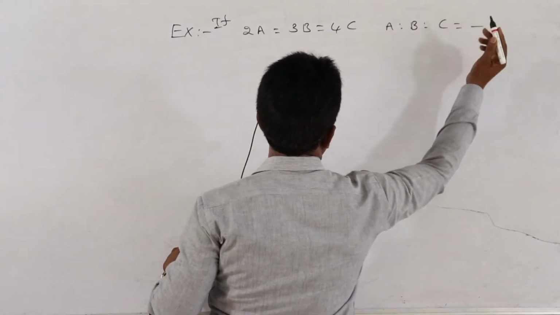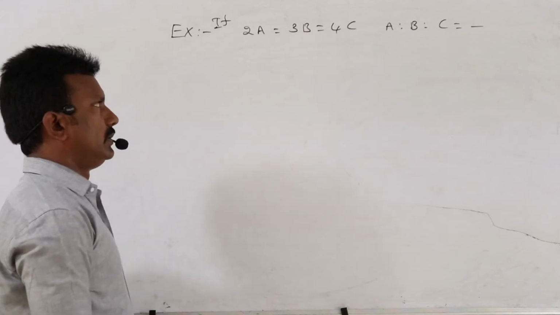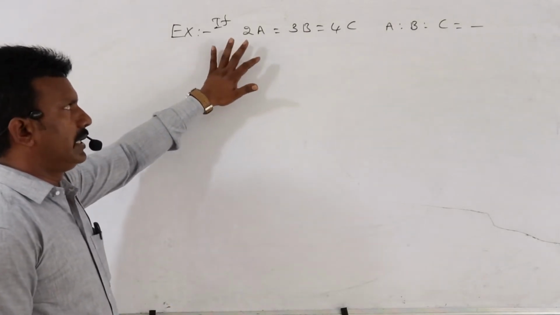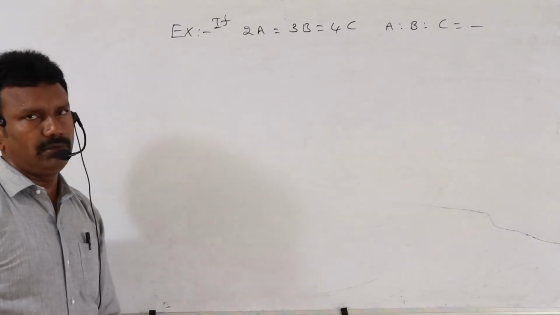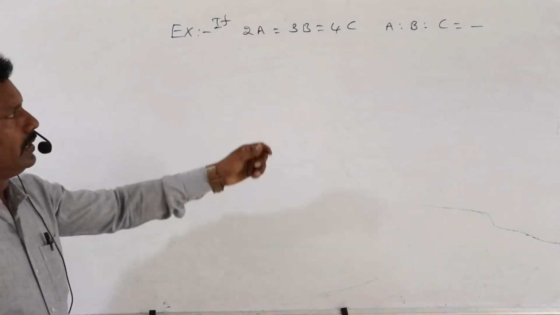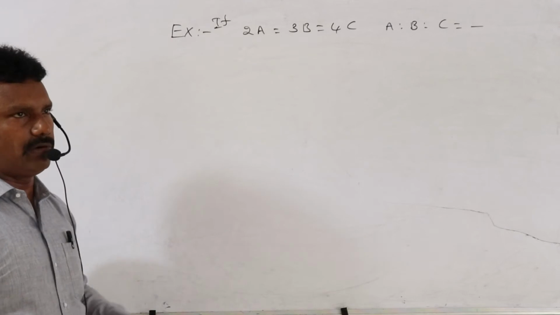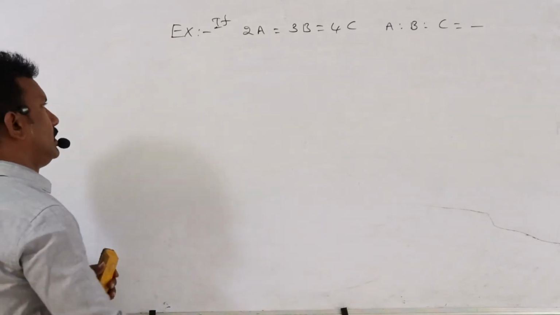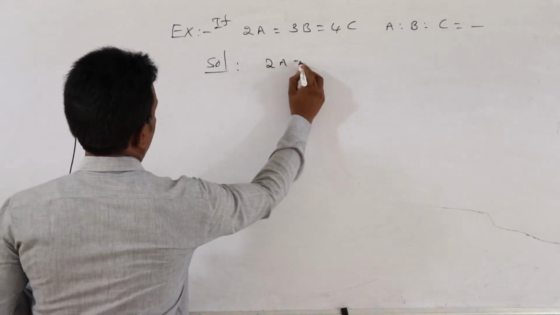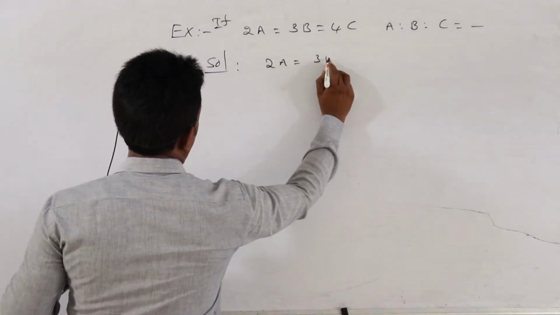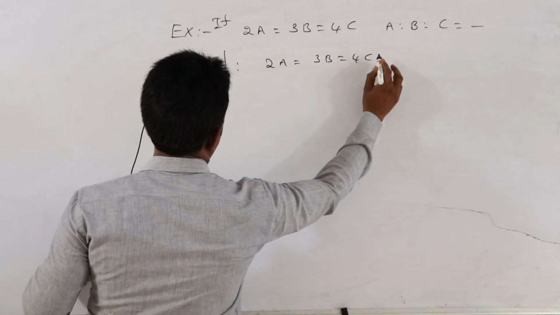Here we follow the given condition 2a is equal to 3b is equal to 4c, and we find the ratio between a, b, c. This is our problem. For the solution, first we write the condition 2a is equal to 3b is equal to 4c.